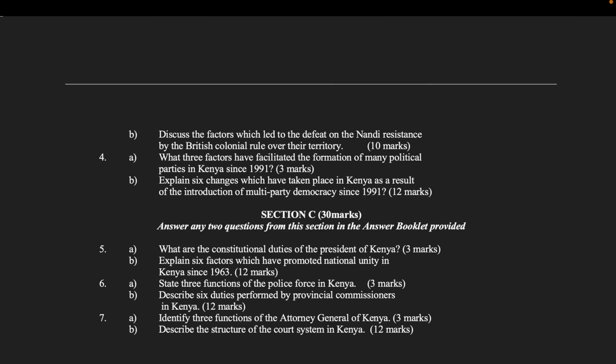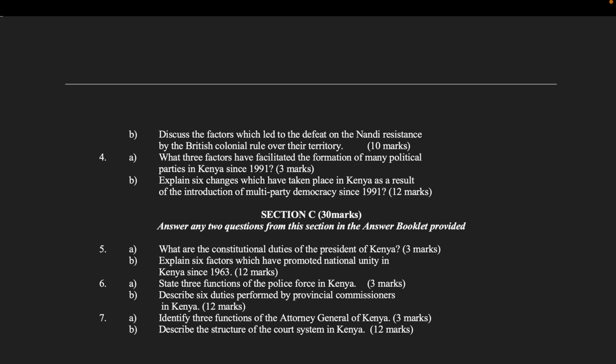3b. Discuss the factors which led to the defeat of the Nandi. The British were supported by some of the local communities, e.g., Somali and Maasai soldiers, so the Nandi warriors were outnumbered. The British used superior weapons such as repeater rifles while the Nandi used spears and arrows.